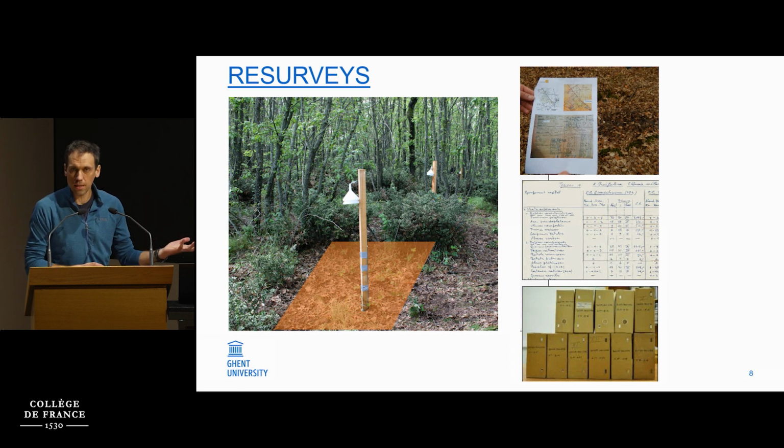And then we go back to the same place and resurvey. In some cases, plots in our database are also permanently marked in the field with sticks like here, or with irons in the ground, or with paint on trees. So then, of course, the relocation error is smaller.